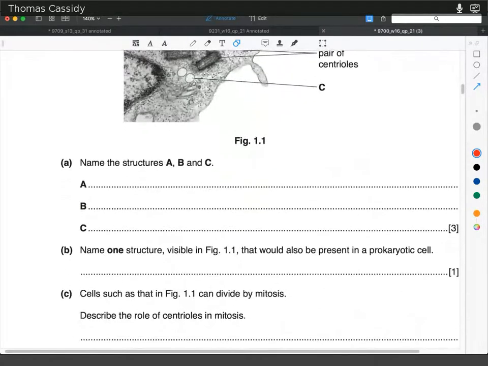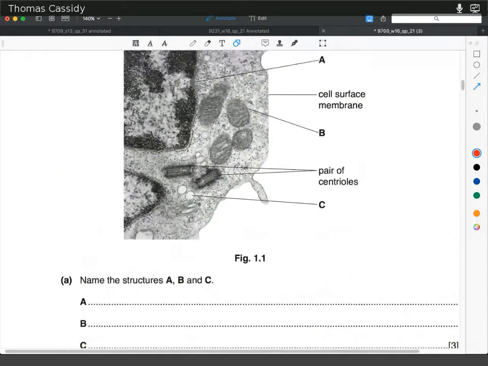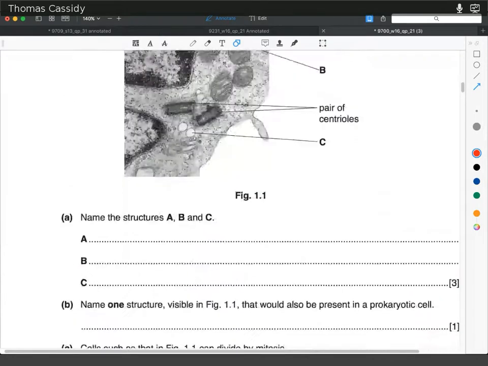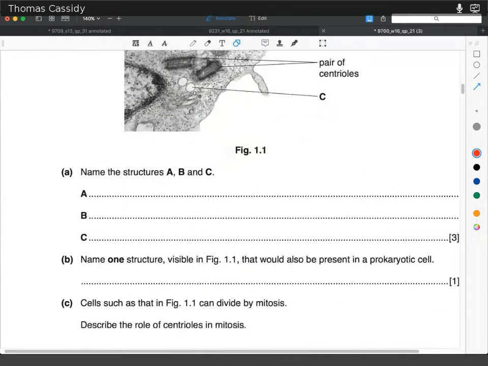Part B says, name one structure visible in figure 1.1 that would also be present in a prokaryotic cell. So there's a wide number of things that you could have said here. Basically, we're seeing if we know the difference between eukaryotic cells and prokaryotic cells, so an animal cell and a bacterium, maybe.